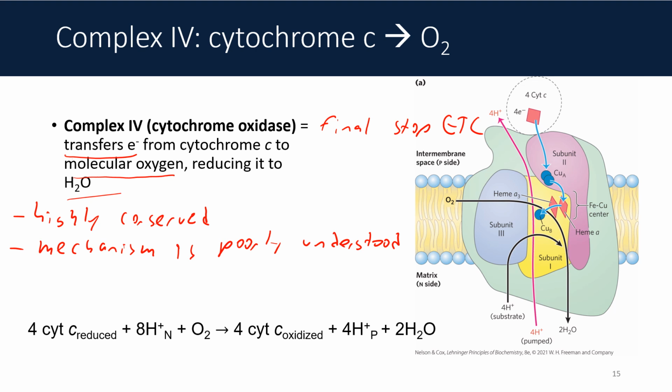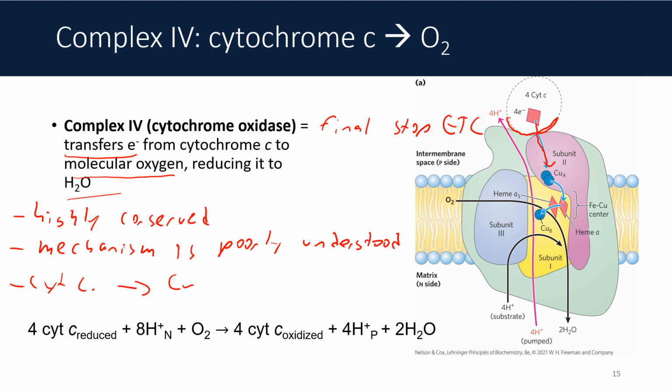That cytochrome C molecule that we just loaded up at complex 3 is going to diffuse over to complex 4 and dock over here on the P side. And from there, it's going to dump electrons into a copper cofactor pair.